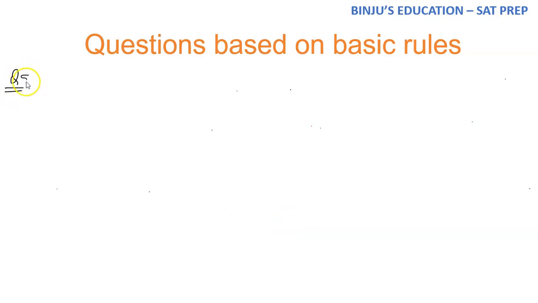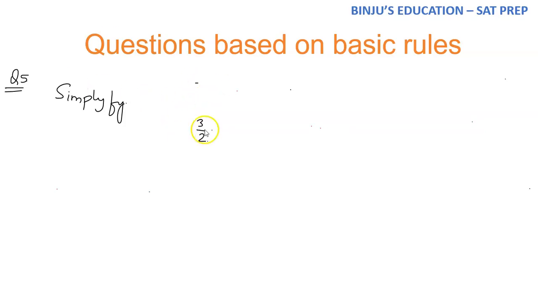So let's come to question number 5. Question number 5 is a simple one, I believe. You need to simplify p to the power minus 2 by 3 divided by p to the power 3 by 2. Okay, I would have made this question a bit more difficult. Let me do that.